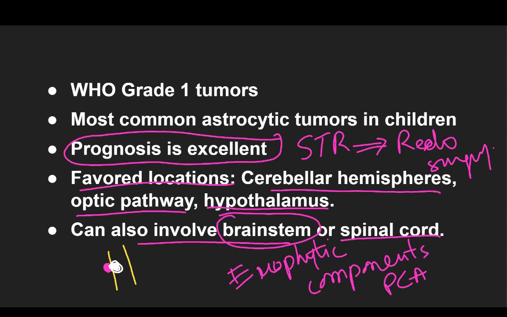So the outside portion, the region that I'm marking with the black color, this is what we take out. This is the mural nodule. It's the exophytic component. We can take this out and the cystic portion resolves and the patient gets completely cured. So if there is an exophytic component on a brainstem glioma, it usually is associated with very good prognosis.